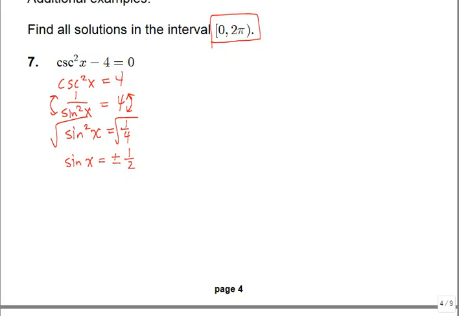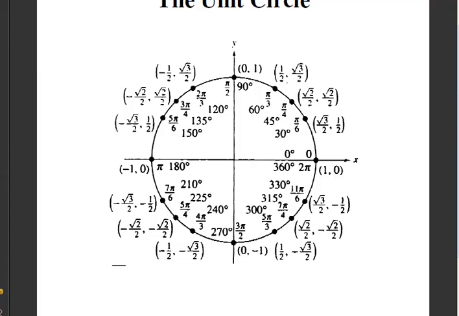So let's pull up our unit circle. Sine is the y value. So where are these y coordinates equal to positive or negative 1/2? Well, in quadrant 1, that's pi over 6. Quadrant 2, 5 pi over 6. Quadrant 3, 7 pi over 6 is when it hits a negative, and 11 pi over 6.